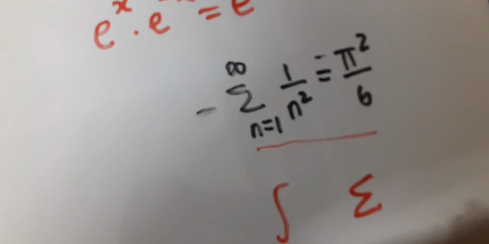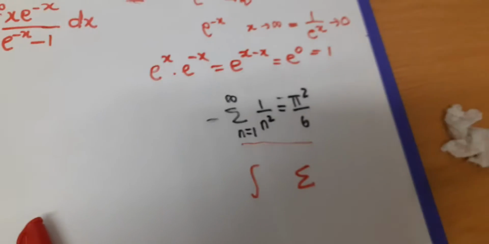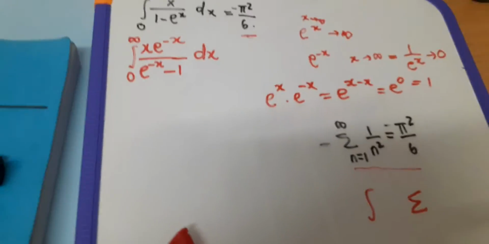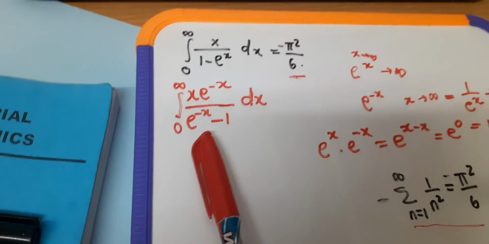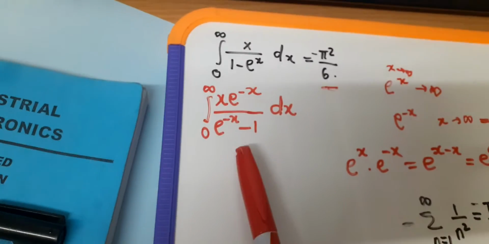But now we're not talking about sum to infinity, because we're talking about natural numbers, and the gap is too big between that. So we need to change this integration here to a sum to infinity.